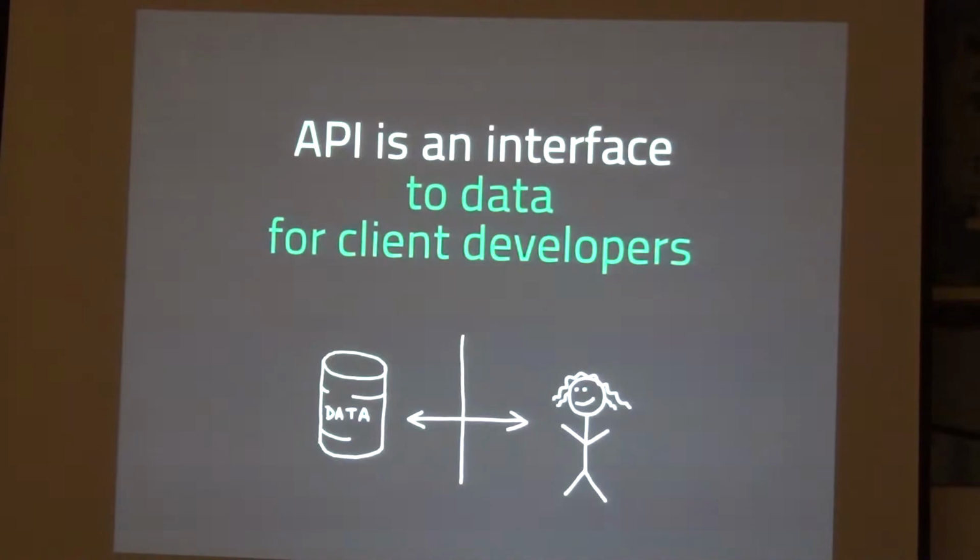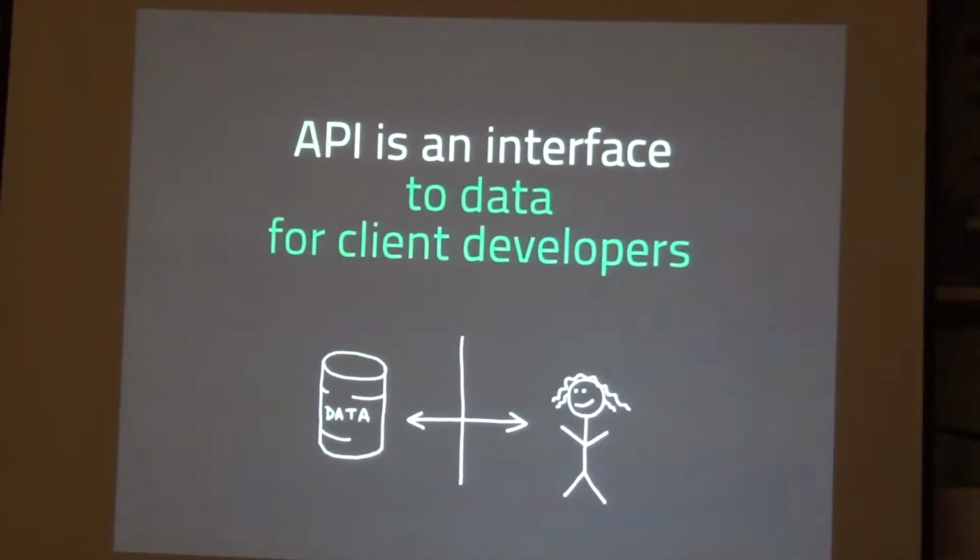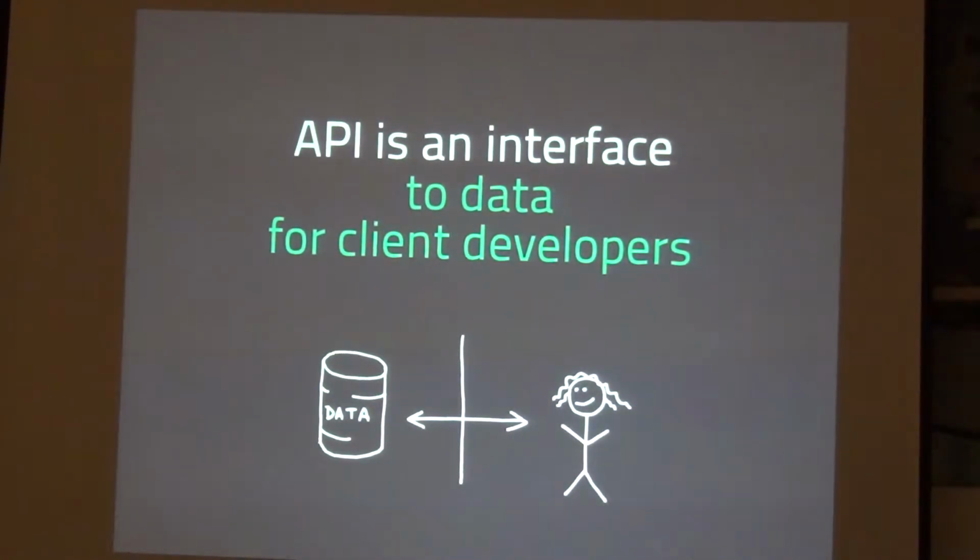But API is an interface to data for client developers. I think people tend to think that at the opposite side of the interface is some sort of machine. And that's not true. There is a client developer, a human being, writing the machine, creating the machine. And we should design our APIs for these people.